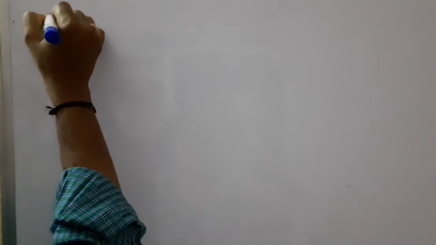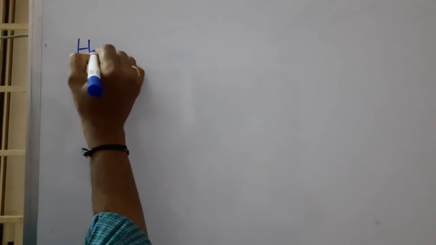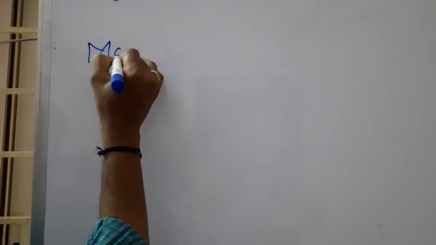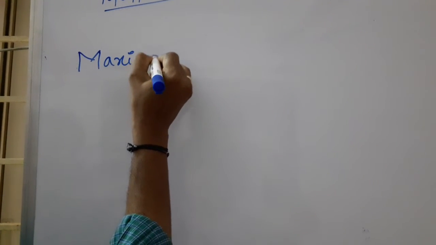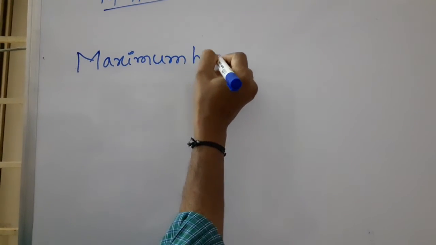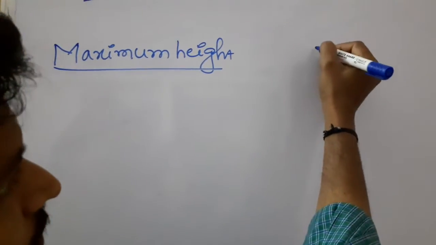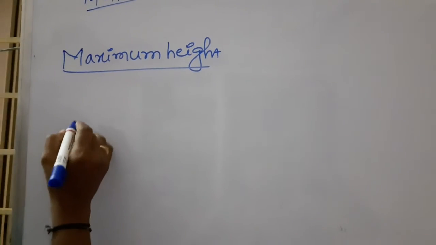Next, let us consider a body projected vertically upward. Then what is the maximum height? Maximum height covered. And next, time of ascent.